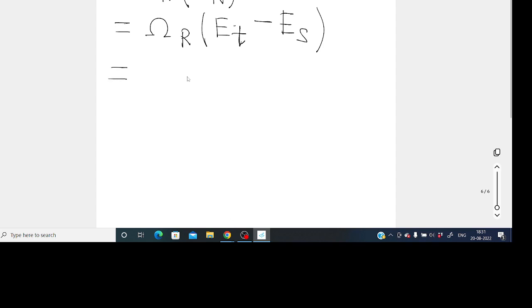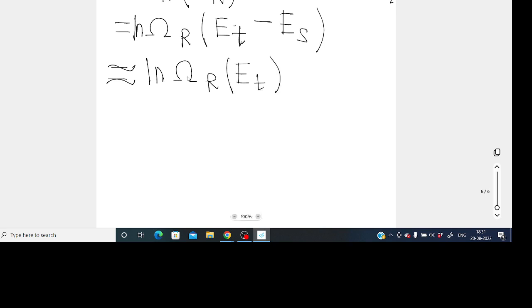Now I will take log on both sides. Now I will use this approximation. As I have told before, E_S is much smaller than E_R, so E_S is also much smaller than E_T. Now I will expand it in Taylor series.